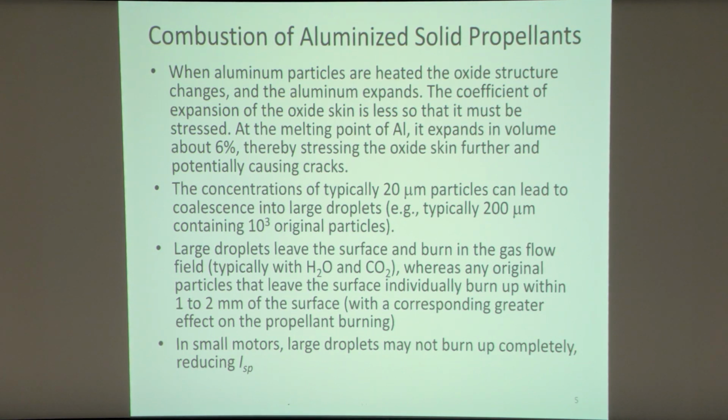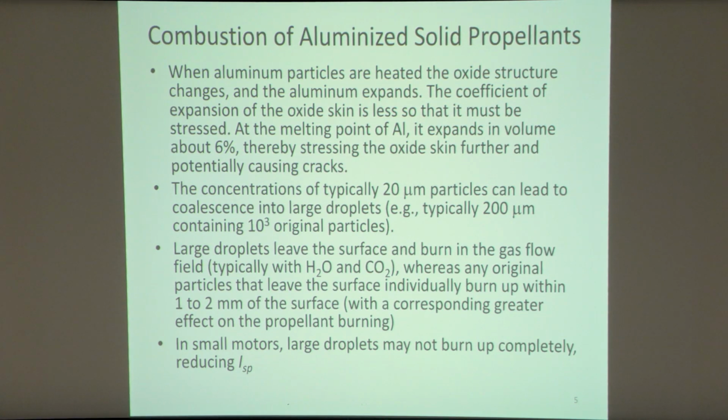The concentrations of typically 20 micron particles can lead to coalescence into large droplets, typically 200 micron, containing 10 to the third original particles. So the point is, even though I'm designing a system with 20 micron diameter aluminum, by the time it comes off the surface, it could be quite a bit different in size.